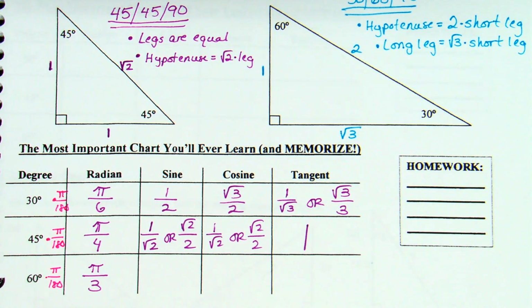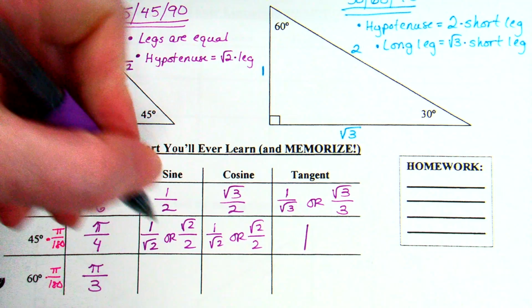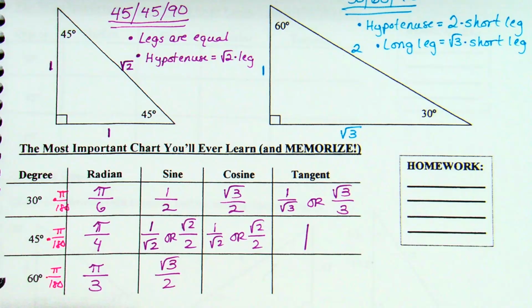Okay, and 60 degrees. We need the sine of 60 degrees. Okay, you got it? Going from up here, right? Sine of 60 is what? Square root of 3 over 2. What about the cosine of 60? Here's my 60 cosine.